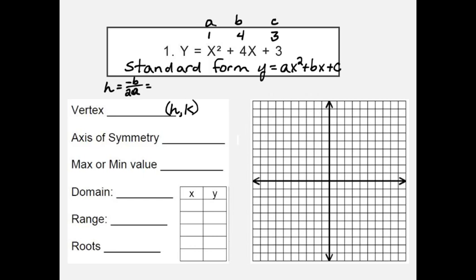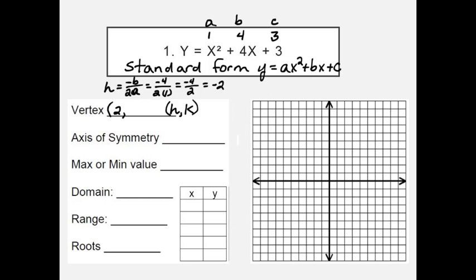And so using the numbers that we just discovered out of our equation, b is 4, so we have negative 4 over 2 times a is 1, which will be negative 4 over 2 or negative 2. So that's the x value of our vertex. So we can start that and put here.